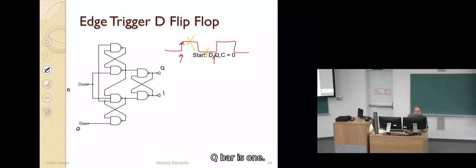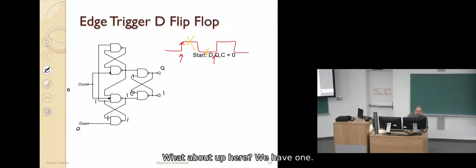So Q bar is 1, so this is 1, this is 0, so this is D, and clock is 0, so this is 0 also, and this is 0, so it is 1, and 1 and 0 is 1. We have 1 here, coming here, 1. So we have 1 here, 0 there, 0 there.